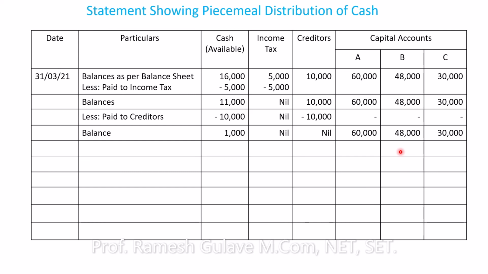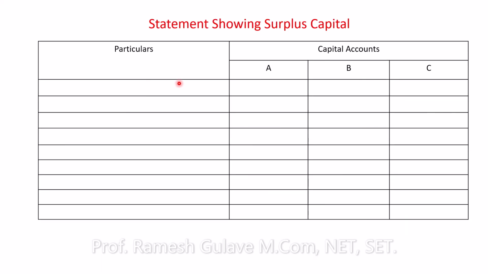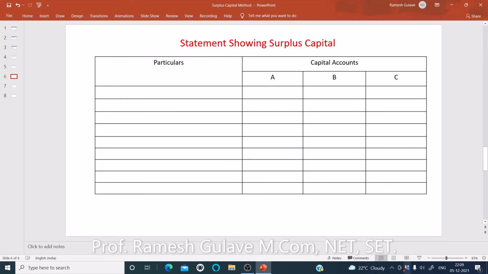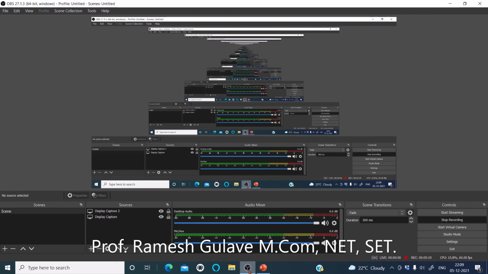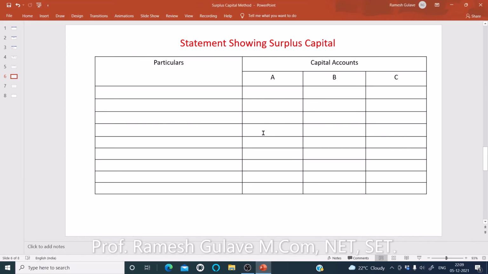because we have to distribute cash amongst the partners as per the surplus capital method, because it is mentioned in the question, right? So for that, we have to prepare a statement showing surplus capital, and this statement is generally prepared in this format, where one column is for the particulars and other columns are for the capital account balances, right? Now let us prepare this statement and understand how to prepare it exactly.